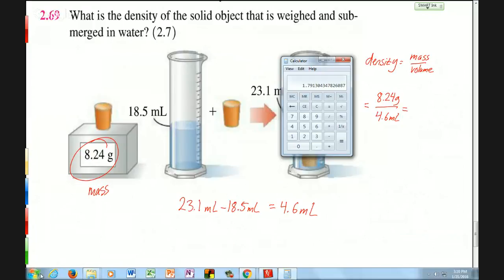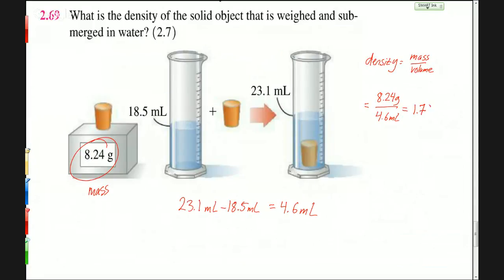You get 1.79. Oops, not ml. And that's now in grams per milliliter. So you divide the mass by the volume, and you end up with the density.